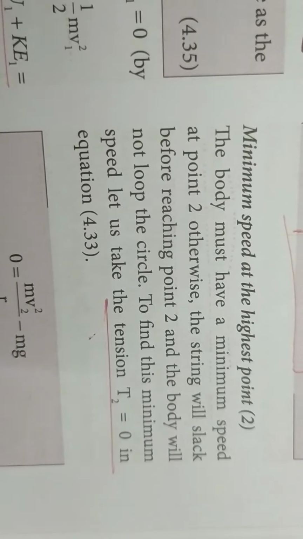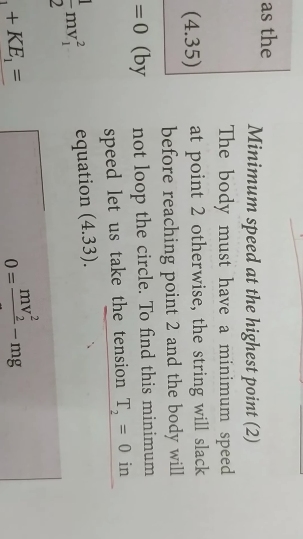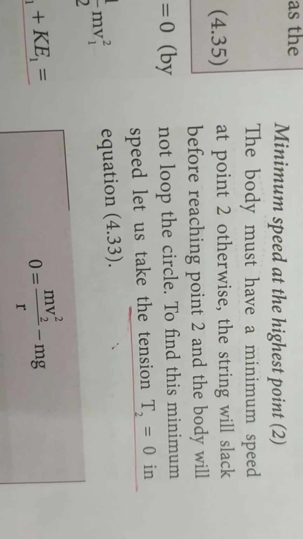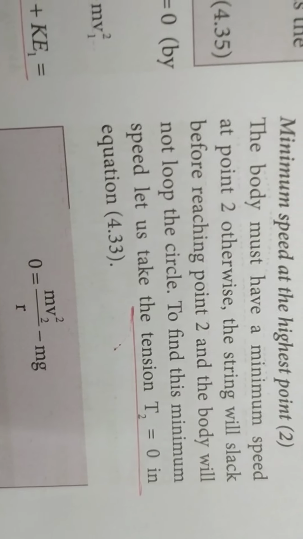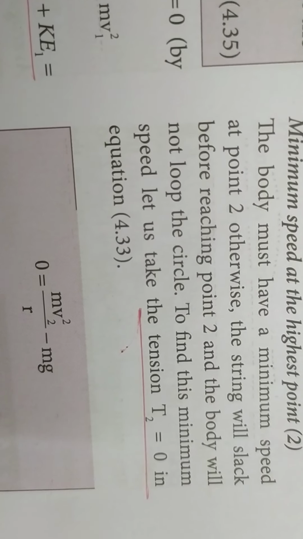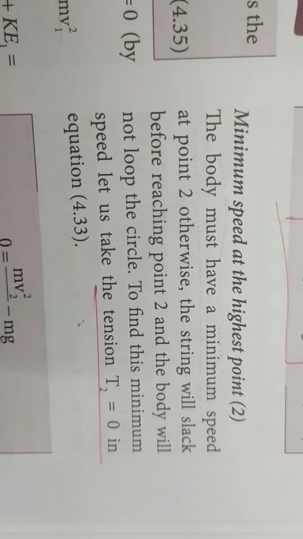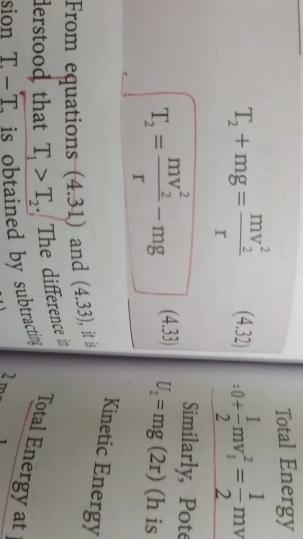Next we are going to see what the minimum speed at the highest point should be, because it is very dangerous at the highest point. If T2 becomes 0, that is, there is no tension in the string, then the string will slack and the object will fall down. So in such a case you take the condition T2 equal to 0. In the equation for T2, you substitute T2 equal to 0 to find the minimum speed.